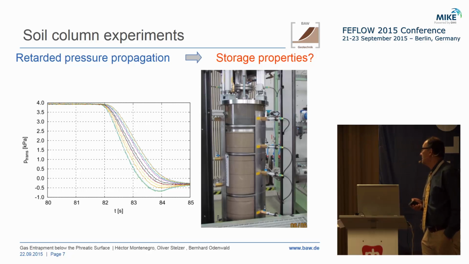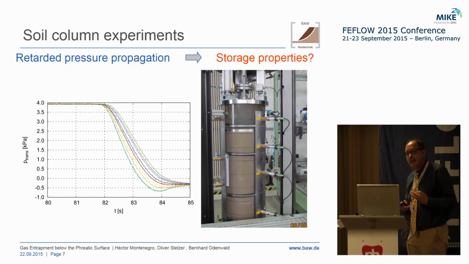If we carry out soil experiments, we fill sand, and then we have a certain head, and then we carry out a head drop at the top of about 50 centimeters. If we have installed pressure transducers in the middle of that sand column, what we see is this kind of time series. There is a delay in head.